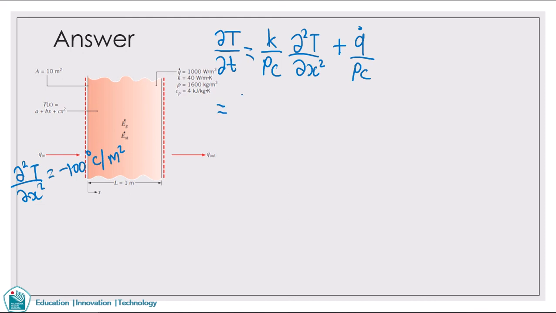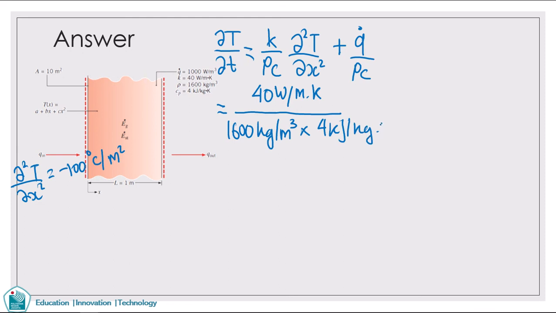So put K equal to 40 watt per meter Kelvin, over rho C. So this is 1600 kilogram per cubic meter multiplied by C, which is 4 kilojoule per kilogram Kelvin.